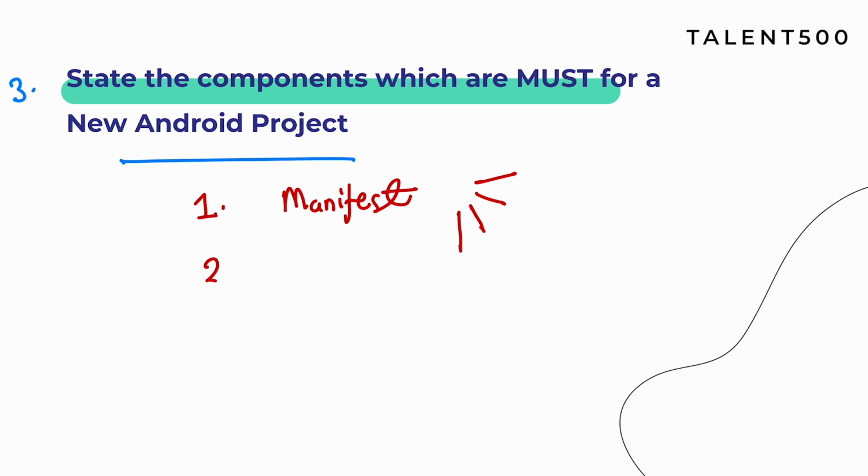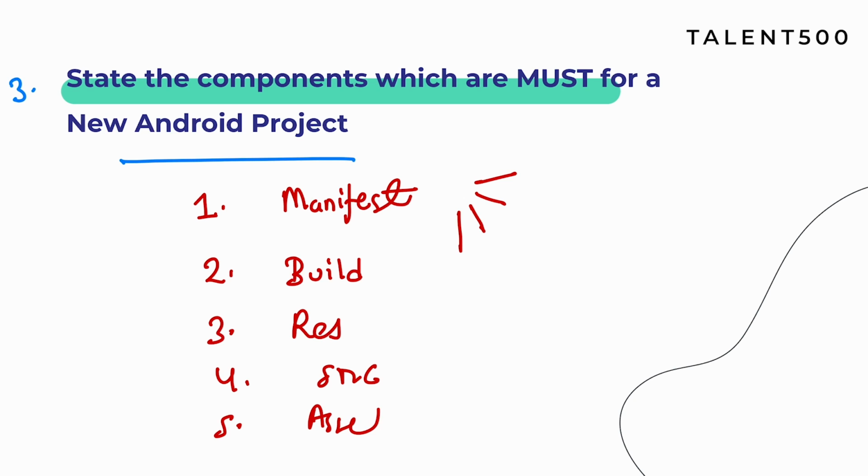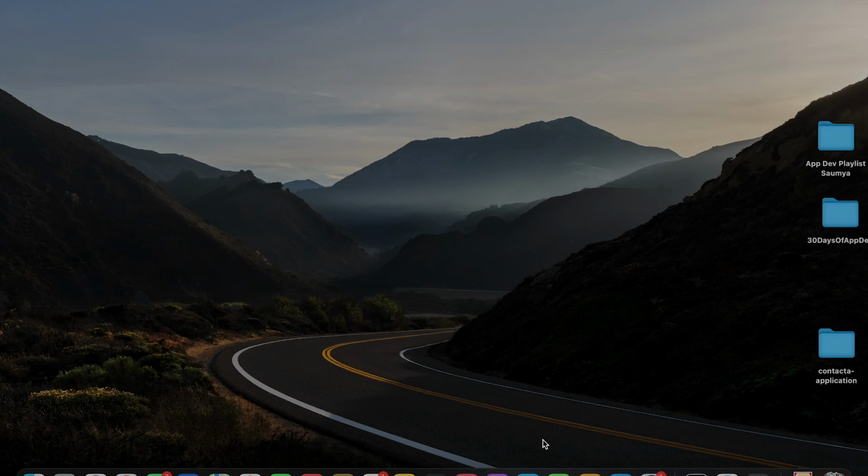Apart from that, there is the build directory, the build folder, and we have res, that is resource folder, src folder, as well as assets are very significant. And we also have those Gradle scripts in which we write the detail of the third-party dependencies, right? So let me quickly open up Android Studio to explain this one.